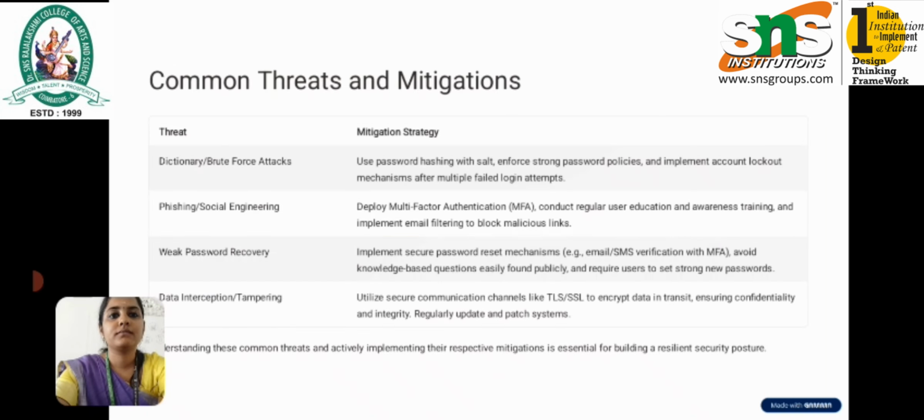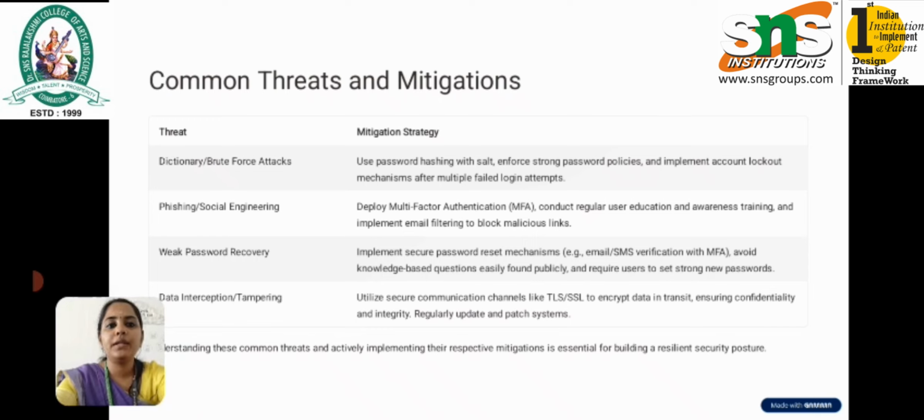Common threats and mitigations. Mitigations are categorized by the threat. For dictionary and brute force attacks: use password hashing with salt, ensure strong password policies, and implement account lockouts. For phishing and social engineering: deploy multi-factor authentication, conduct regular user education and awareness training, and implement email filtering to block malicious links.